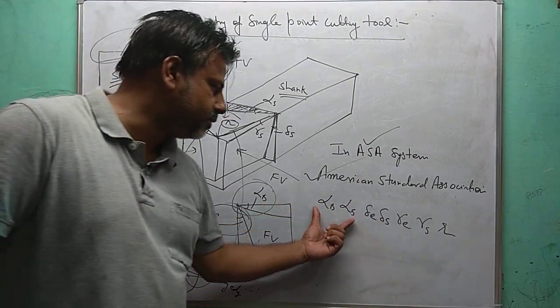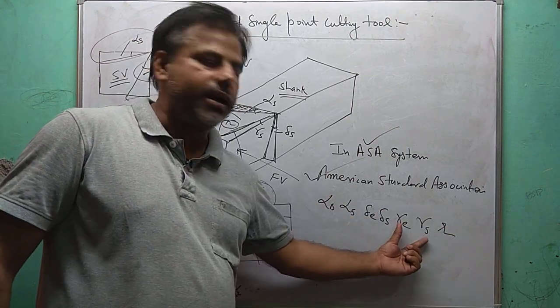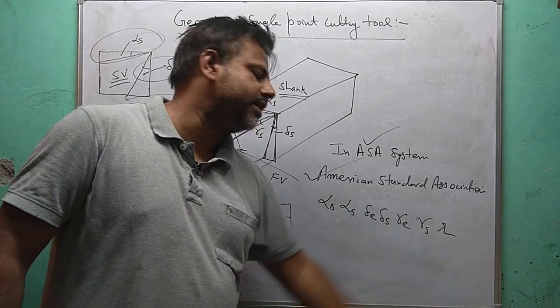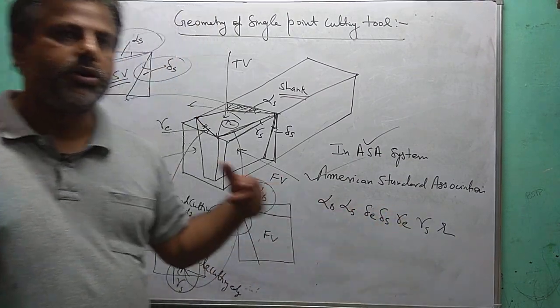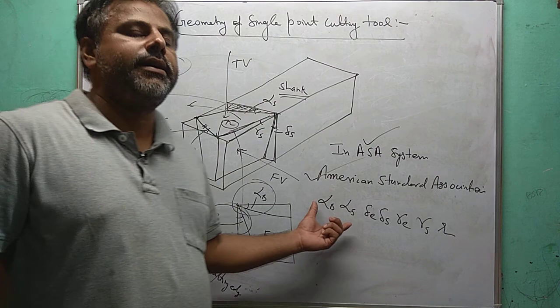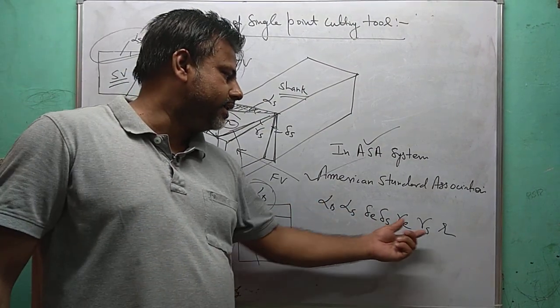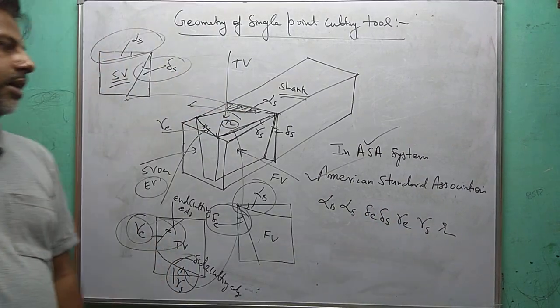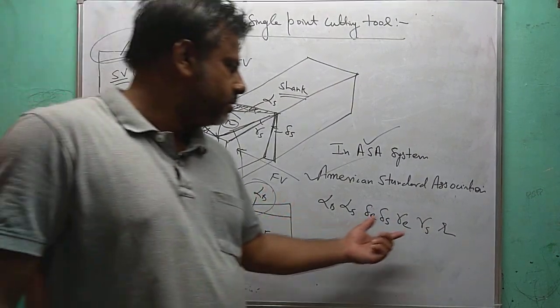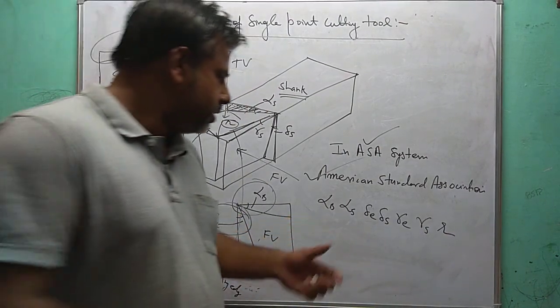First you write the rake angles, then clearance angles, then end cutting edge or side cutting edge angle, then nose radius. All angles play an important role during machining operations. The back rake angle controls the chip flow direction, and the end clearance angle and side clearance angle play an important role to avoid rubbing action.